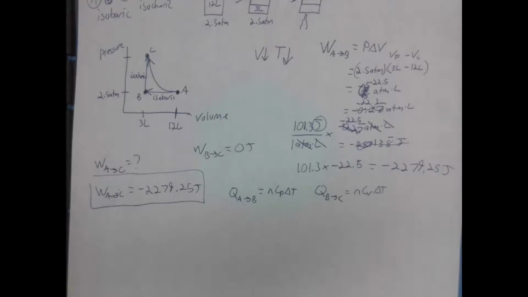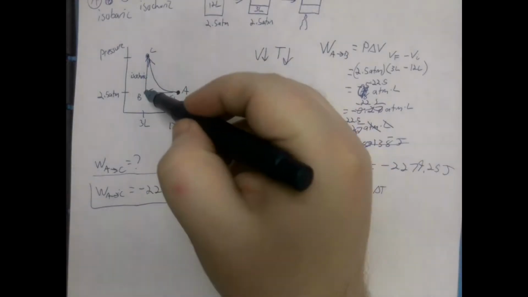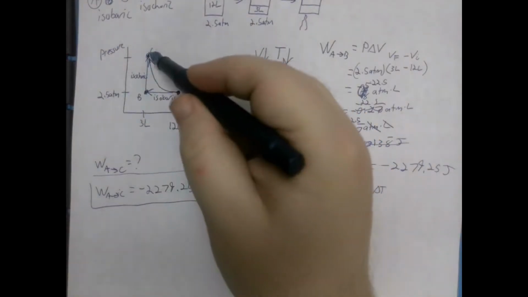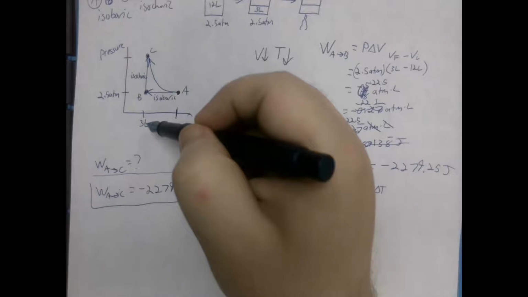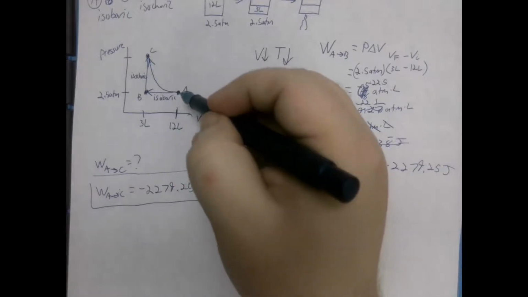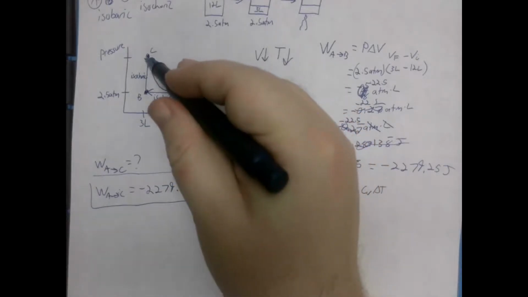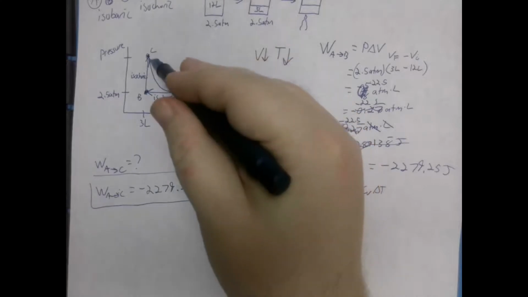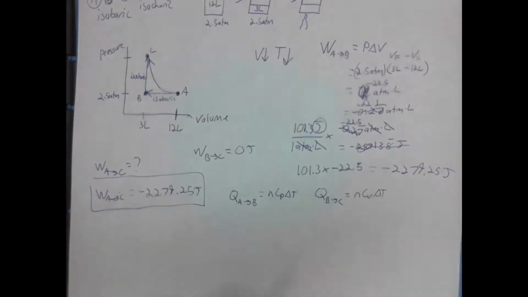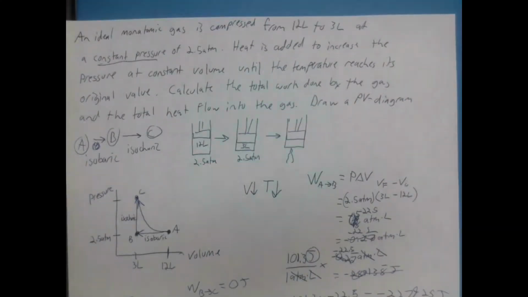What is staying the same? Pressure at A is 2.5. The pressure at C has increased. The difference between A and C is A is at 12, C is at 3. What does the problem say stays the same?